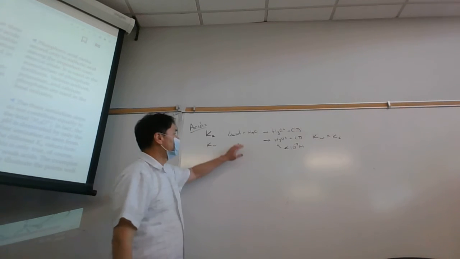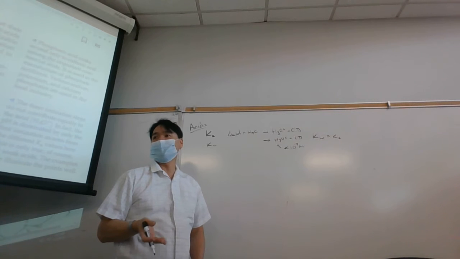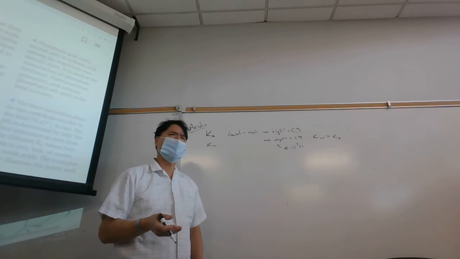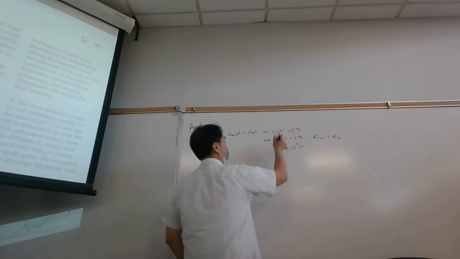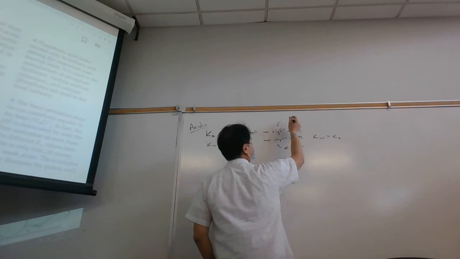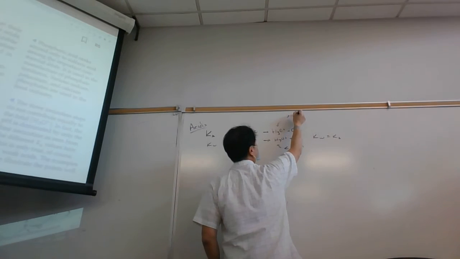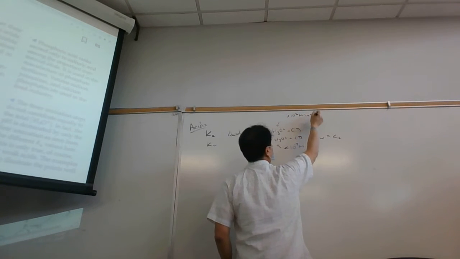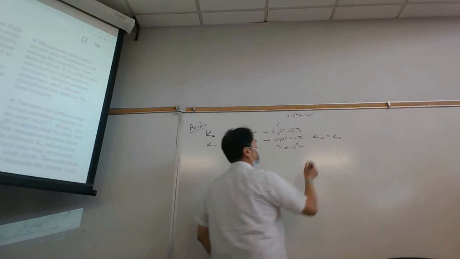Well, if the acid produces, let's say, 10 to the minus 3 or greater than, or 10 to the minus 4, even 10 to the minus 5, we probably don't worry about it. And so if we have greater than, say, 10 to the minus 6 molar hydronium at equilibrium from this, then we can ignore Kw.